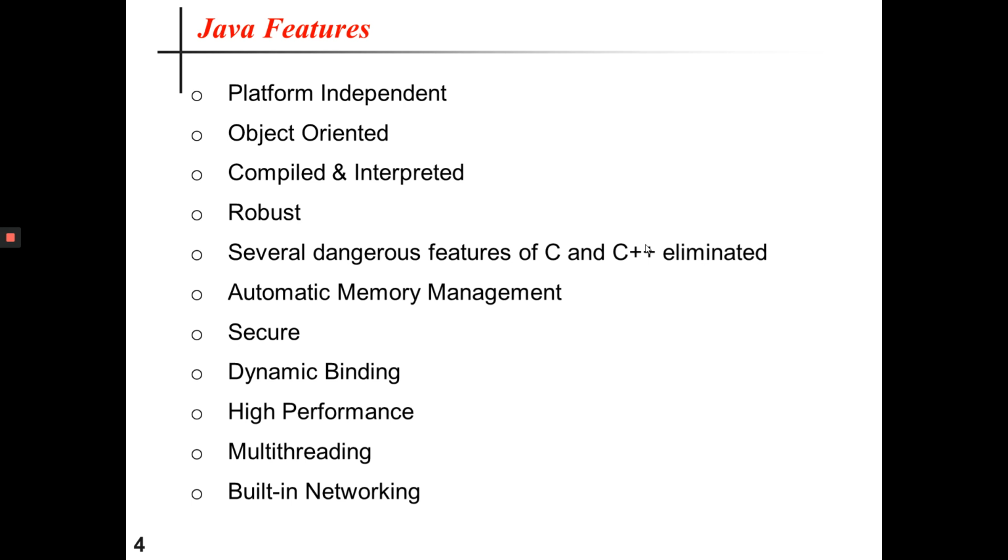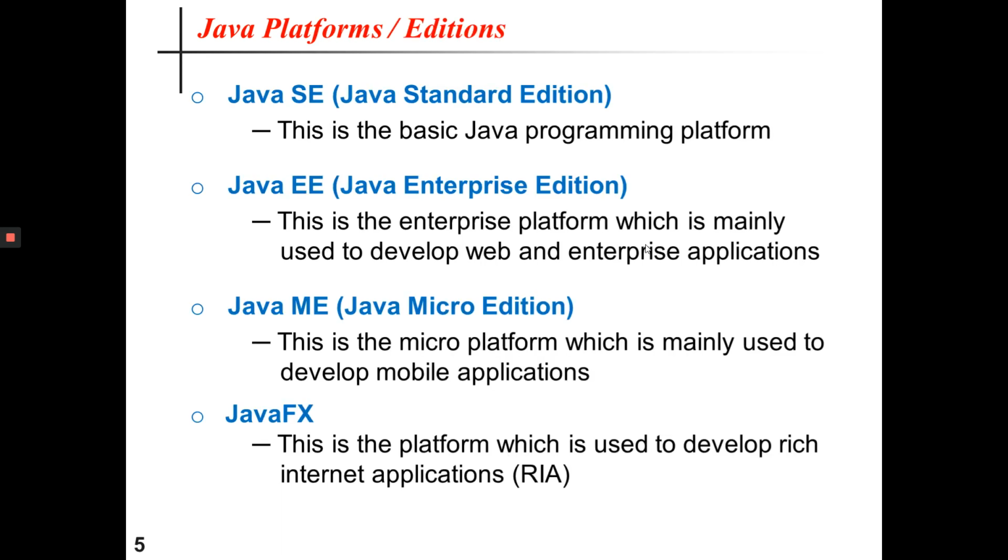So I will be moving to the next topic, that is the different platforms or editions of Java. Here we are having four editions of Java: Java SE or Java Standard Edition, Java EE or the Java Enterprise Edition, Java ME, that means the Java Micro Edition, and lastly the relatively new component, that is JavaFX.